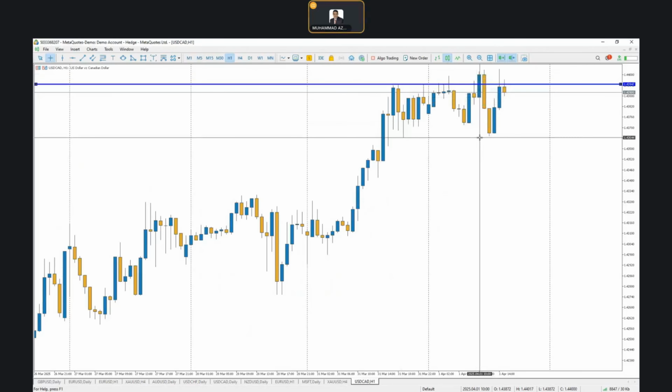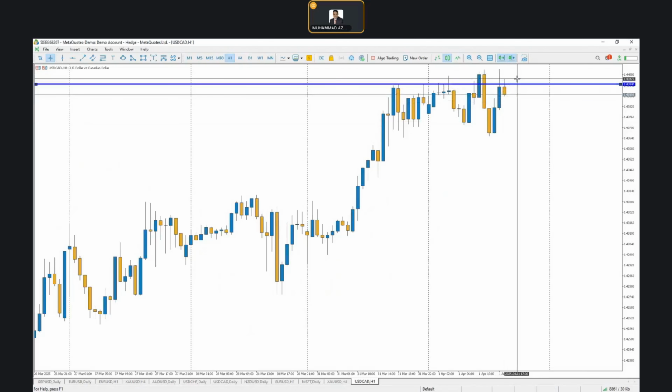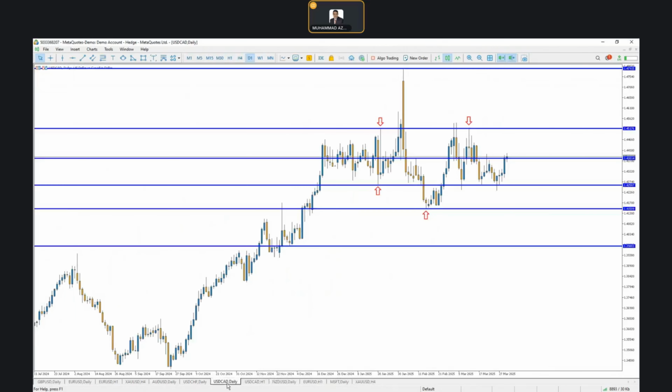We got the close, then a pullback, and now the market is again testing and trying to break higher yesterday's high. So the way I see it, the USD CAD currency pair actually looks bullish. The chances are price action is most likely going to rise up in coming trading days in the USD CAD currency pair.